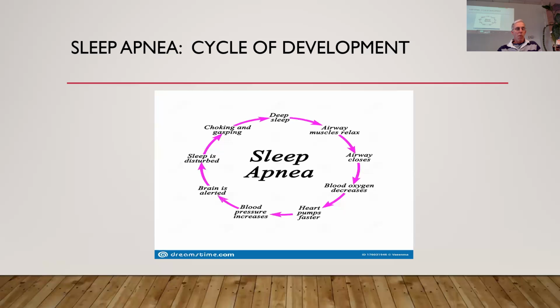Now, there are some links to people who experience this, where your brain is altered in some way, and it may have ramifications as far as dementia later on in life. There is a risk. And of course, the other one is that your sleep is disturbed.